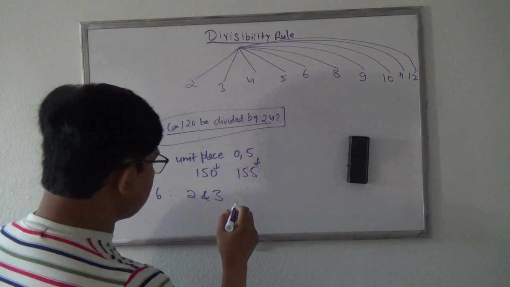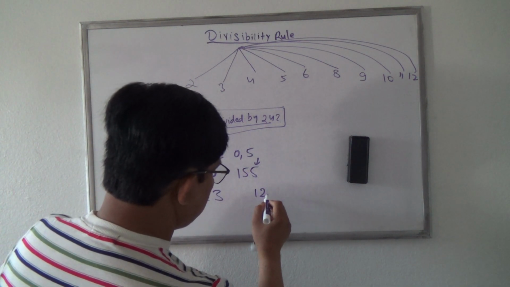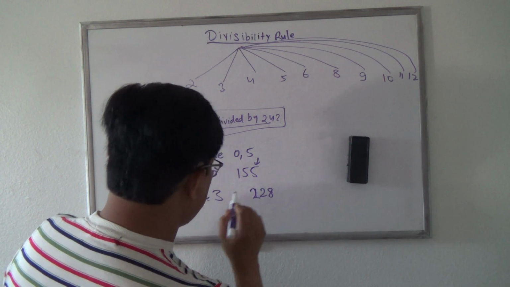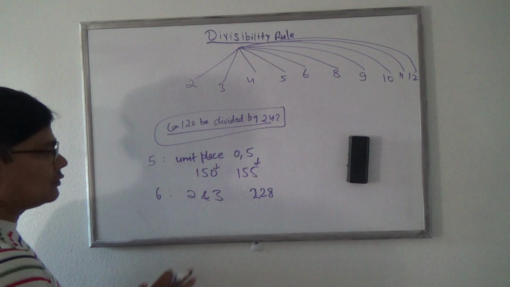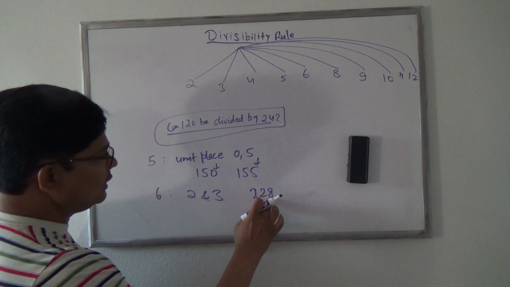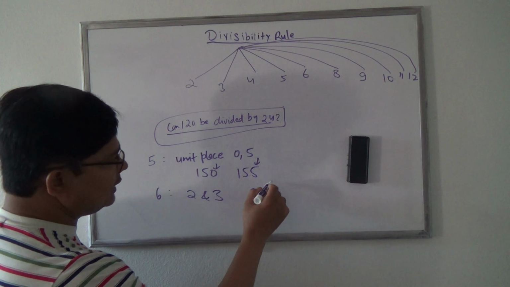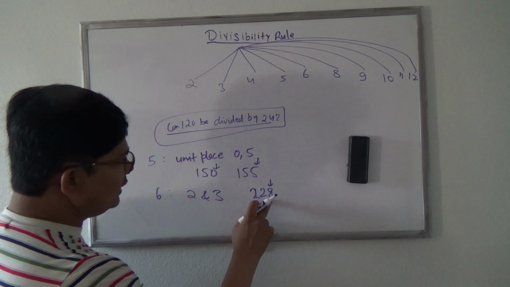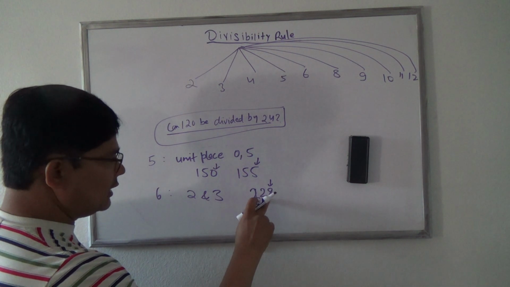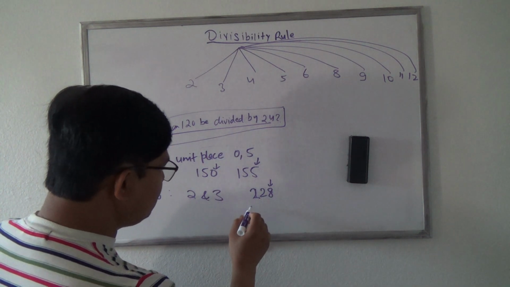Let's take an example, 228. You learned that to find if a number is divisible by 2 or not, you check the unit place number. Here 8 is at the unit place, so this number can be divided by 2.